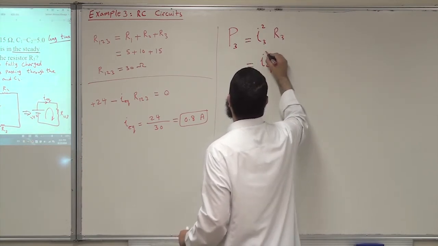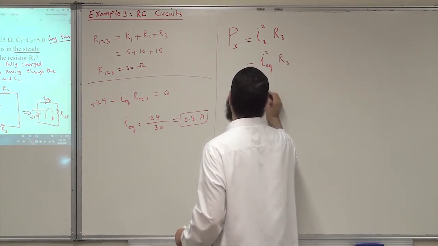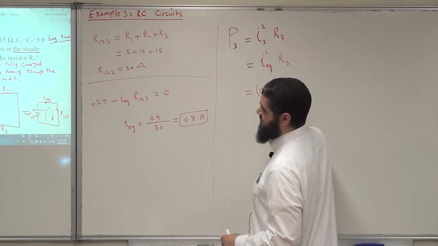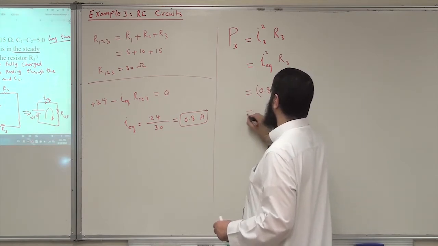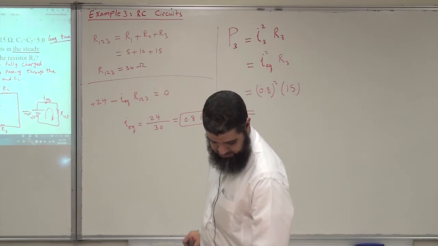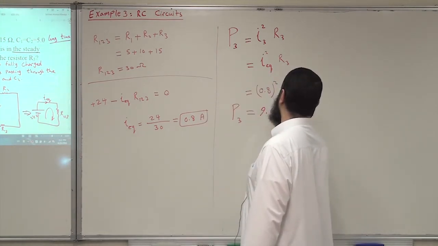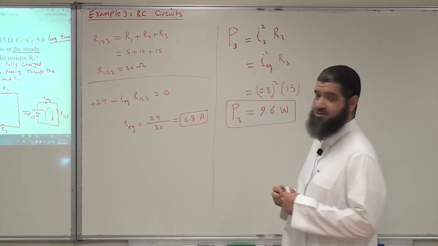So I equivalent squared multiplied by R3, and this will be 0.8 squared multiplied by R3, which is 15. And this will give us the power dissipated through resistor number 3, which is 9.6 watts. And this is the answer for example number 3.